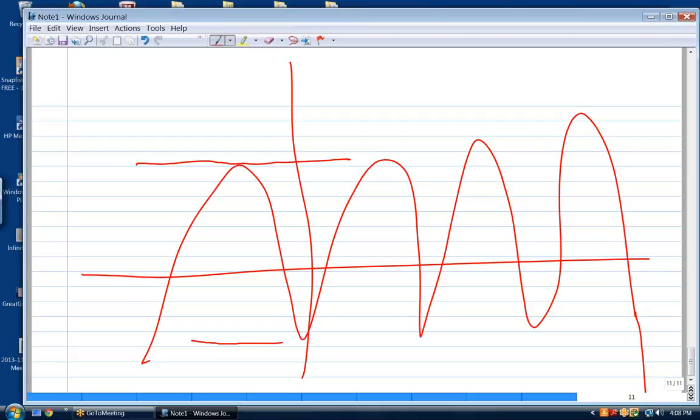The slope of the tangent line is 0 right there. So if we have a way of figuring out the slope of the tangent line, and we do, it's called the first derivative, we can determine relative mins and relative maxes by letting the first derivative equal 0.